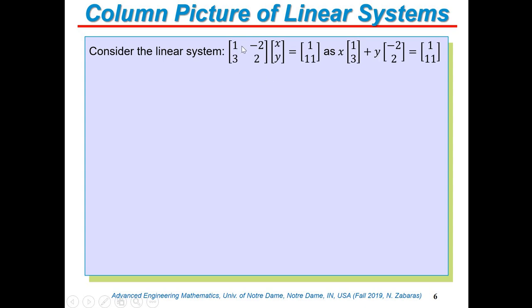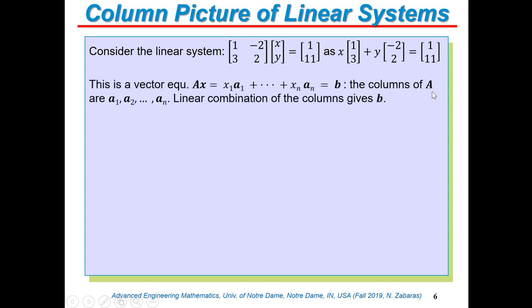So you can see I have x minus 2y equal to 1 and 3x plus 2y equal to 11. So I have a combination of 2 columns equal to b, and I'm asking, can you find x and y so that I can generate a vector 1 and 11? So if I can find that, then I have a solution to my linear system of equations.